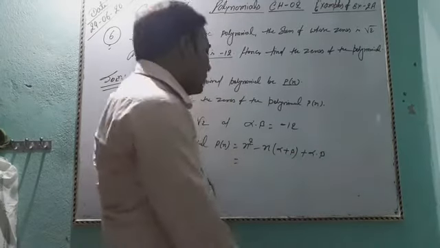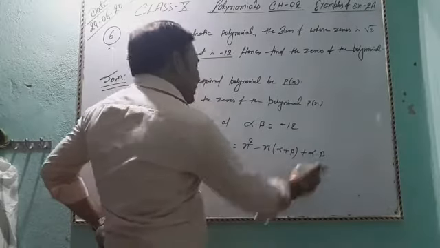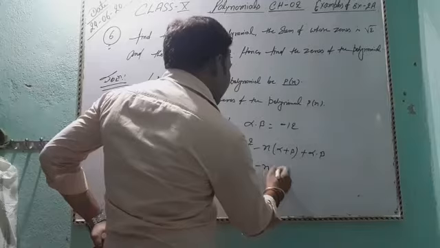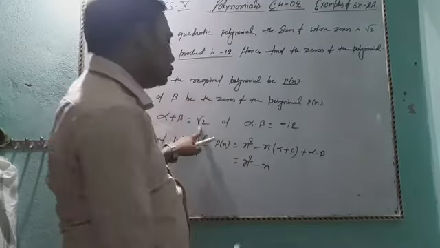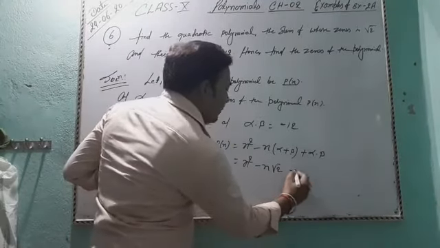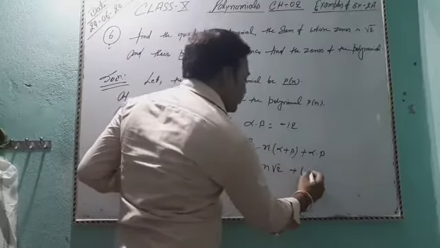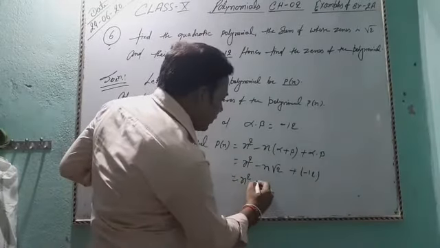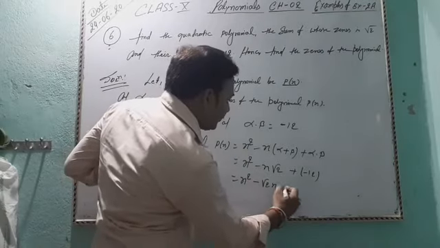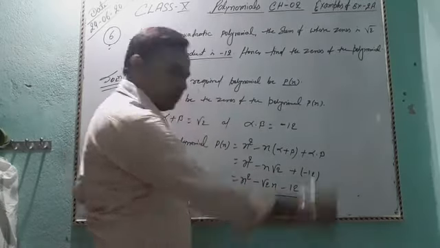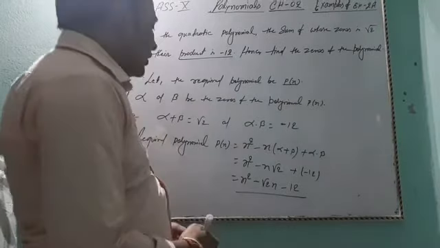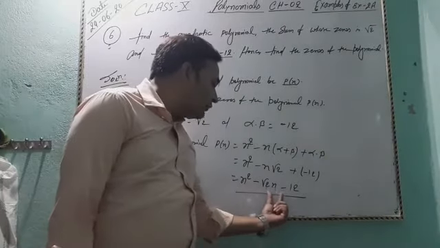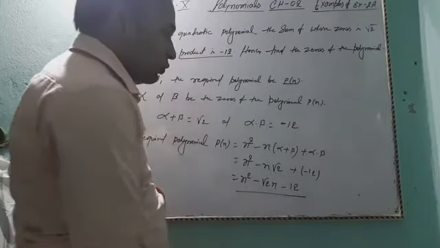So we put the value of alpha plus beta and alpha into beta: x square minus x into root 2 plus minus 12. So the required polynomial is x square minus root 2x minus 12. Okay.